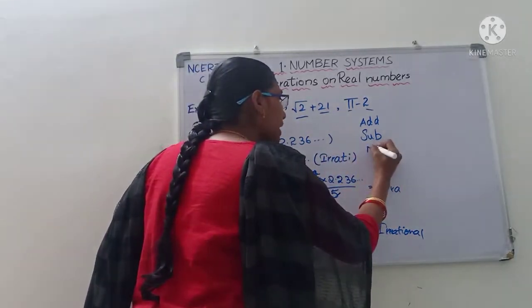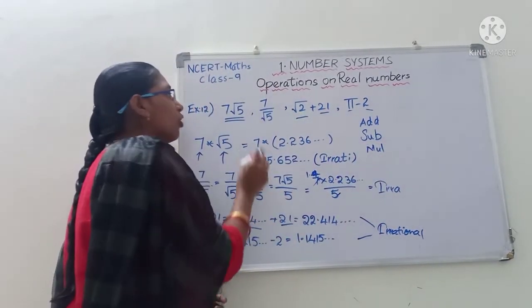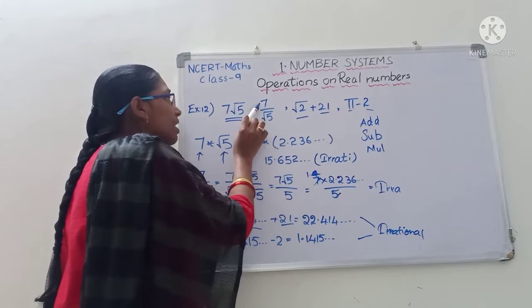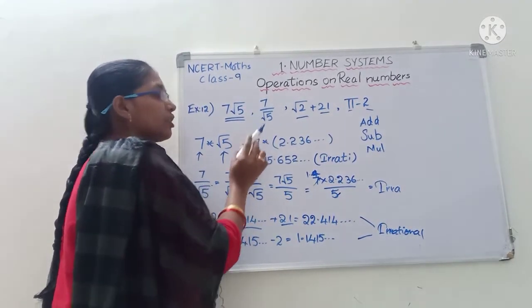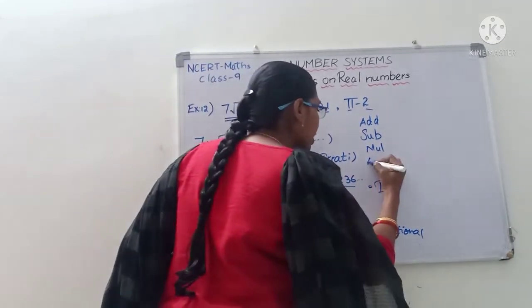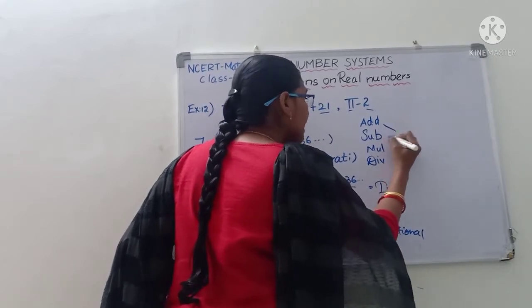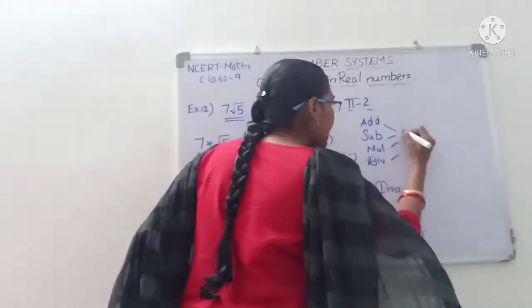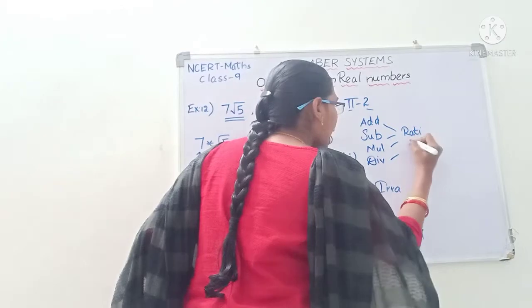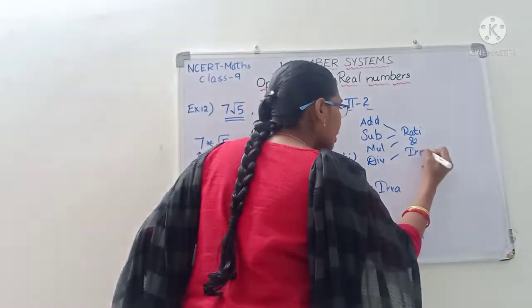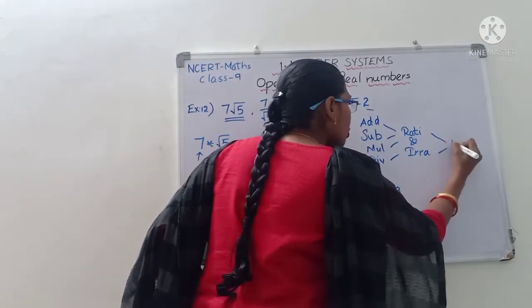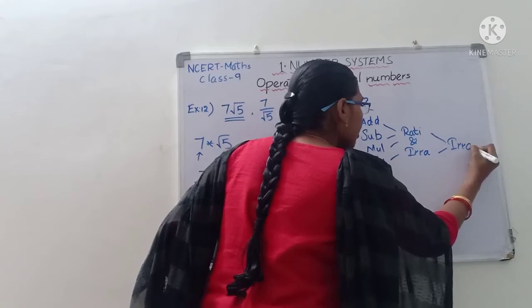When you divide a rational and irrational number, when you add, subtract, multiply, divide a rational and irrational number, what did you get, children? You got an irrational number.